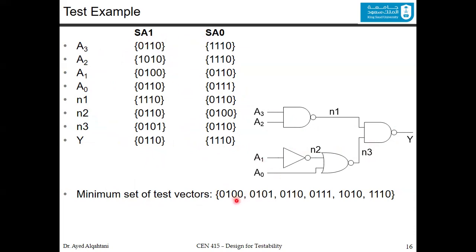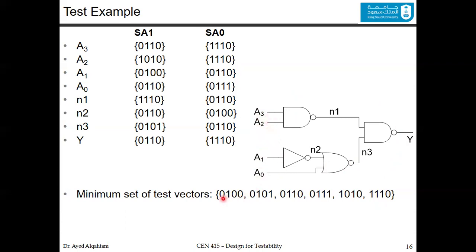And we found out that for 4 inputs, we need to check only 6 inputs to make sure that the circuit works fine. If we didn't do this, we have to start from 0, 0, 0, 0, all the way to 1, 1, 1, 1, which is going to be 16 different combinations.